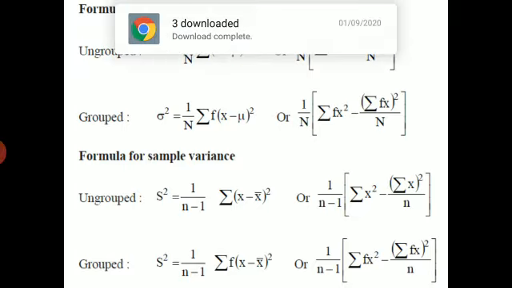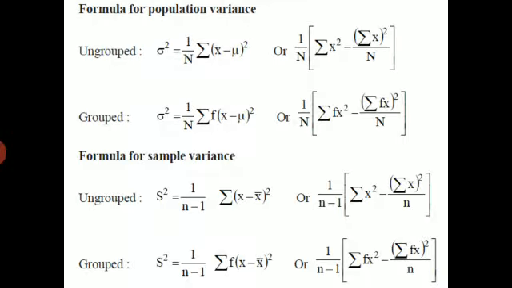Okay, so the formula for the standard deviation. For ungrouped data, sigma square is equal to 1 divided by n summation of (x minus mu) square, or 1 divided by n times [summation x square minus (summation x) square divided by n].